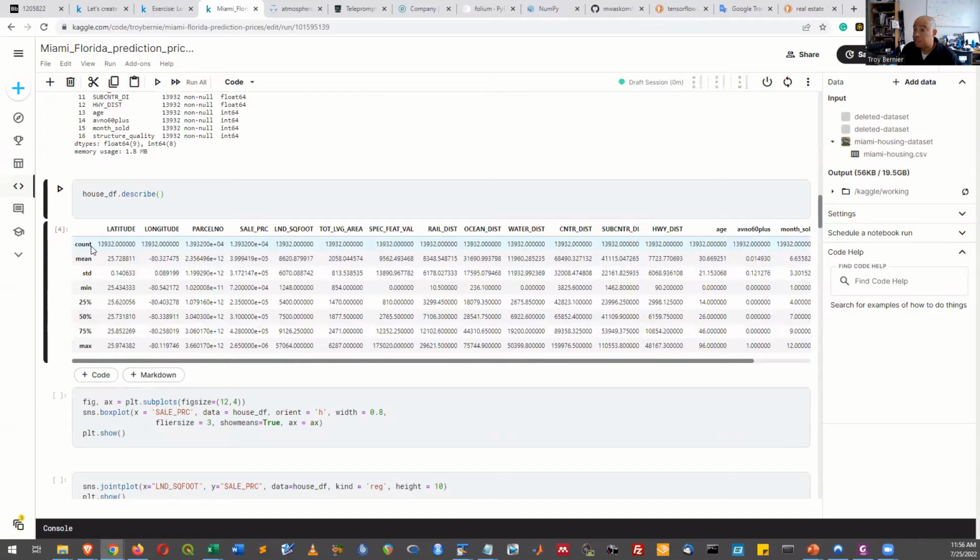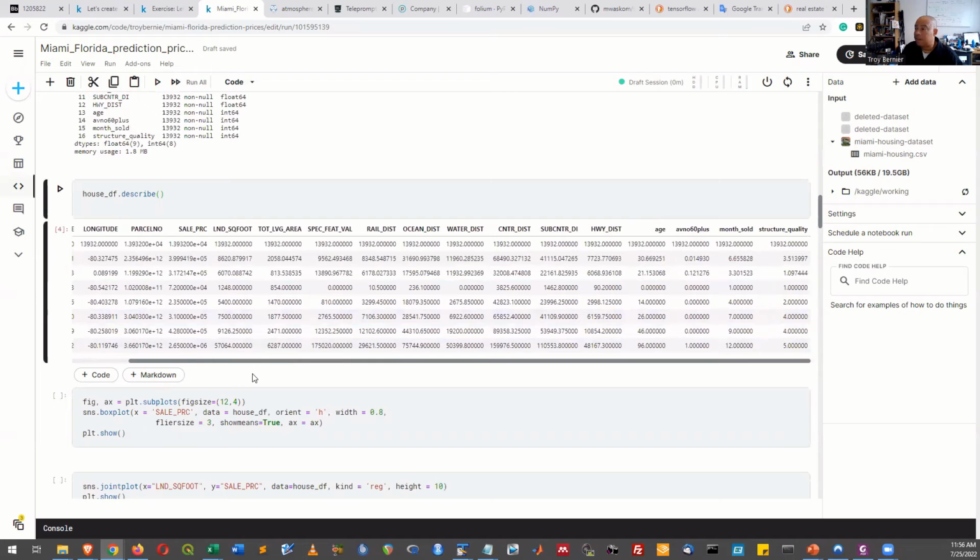The count, the average, the standard deviation, the minimum value, the lowest value, the 25th percentile, the median, the 75th percentile, which is the third quartile, and the largest value in the data set. That becomes important when you're looking at the age of a house. The oldest house sold during that time was 96 years old.